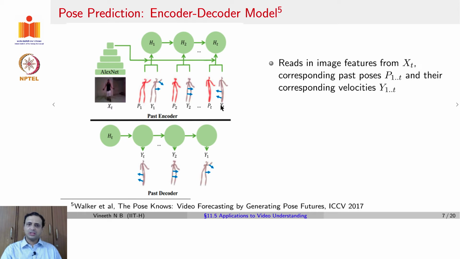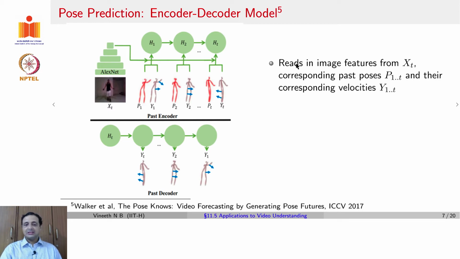What is velocity? It is how much each joint location is likely to move between one frame and the next frame. You could consider these velocities as optical flow of joint locations in the pose skeletons that we get to represent human pose.